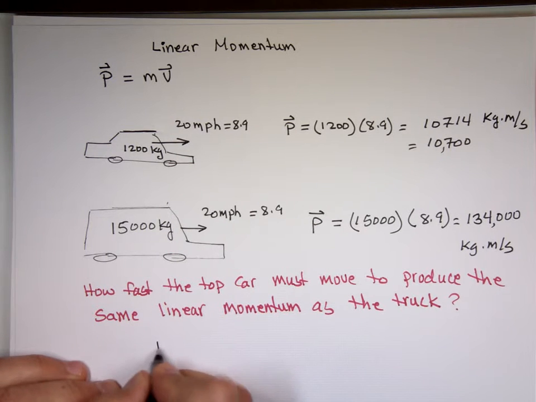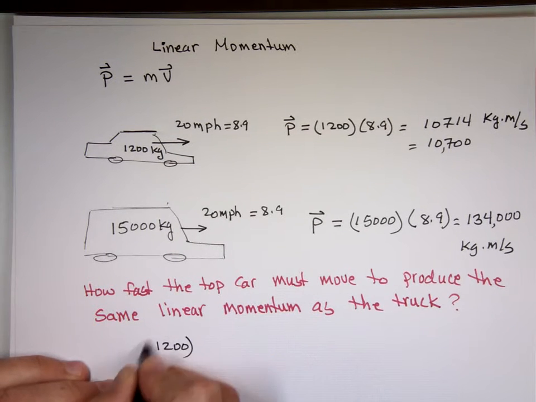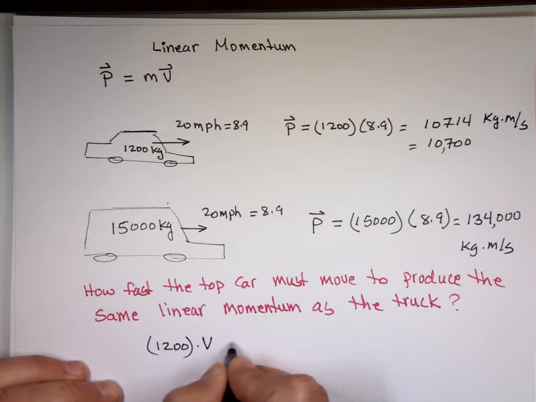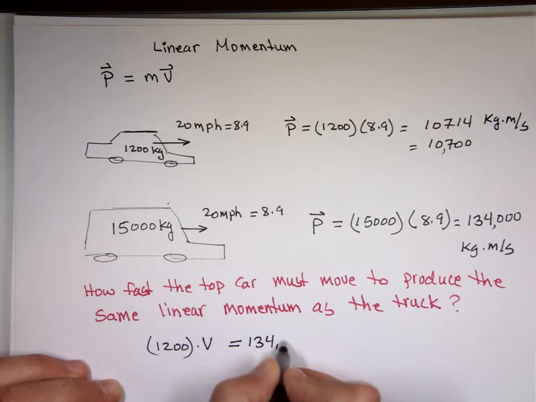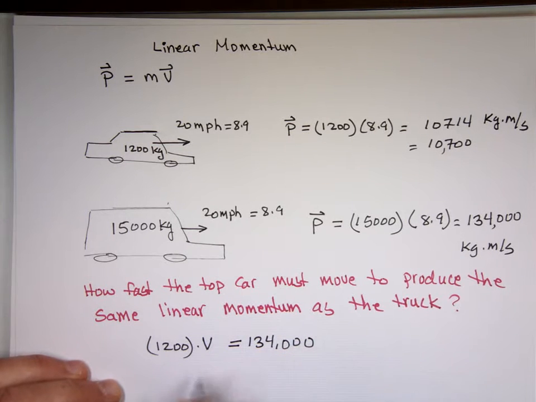So let's see. We want the 1,200 kilogram car to move at what speed v to generate a linear momentum of 134,000. So the velocity of the car will have to be 134,000 divided by 1,200.